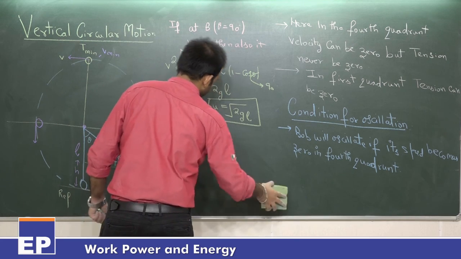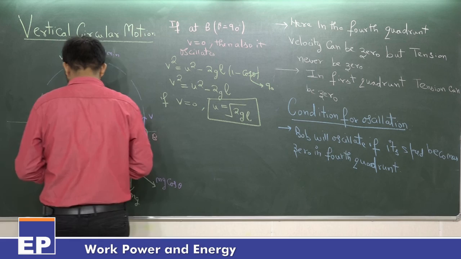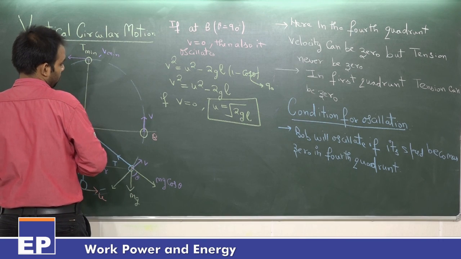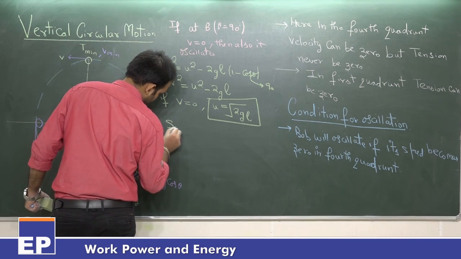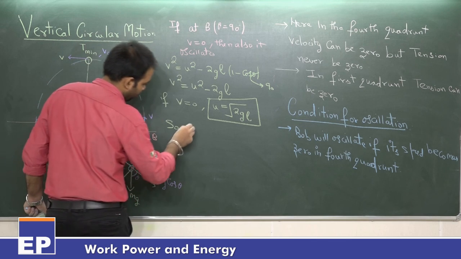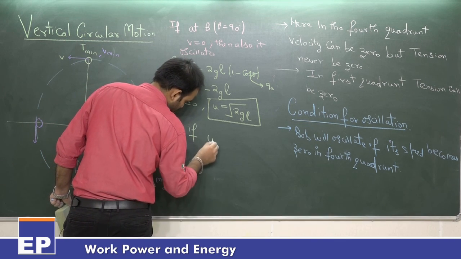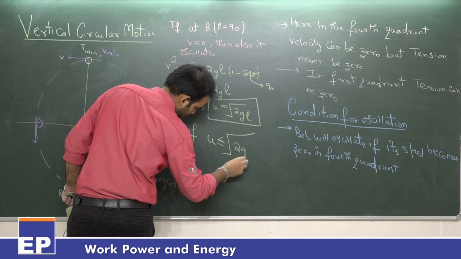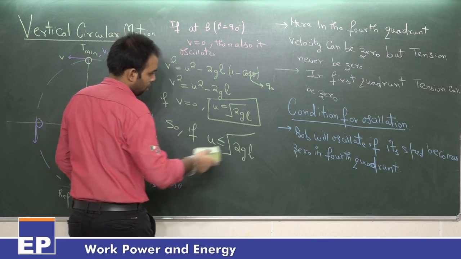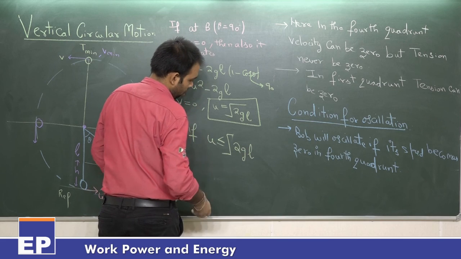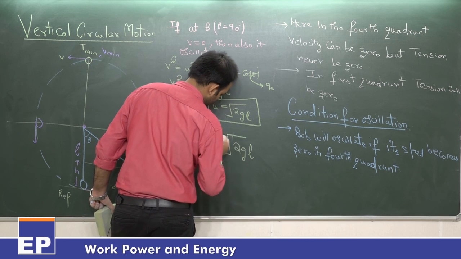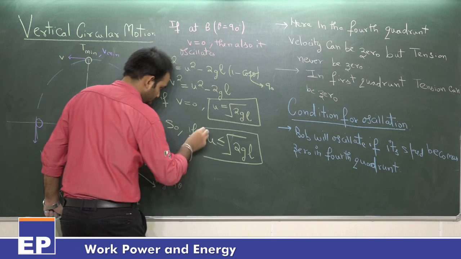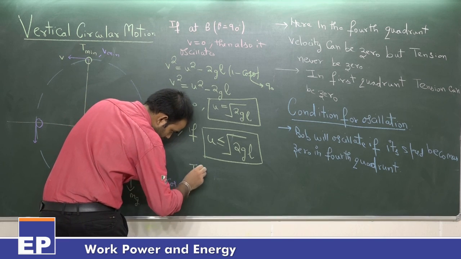So what conclusion came out? U is less than or equal to root 2GL. It oscillates.